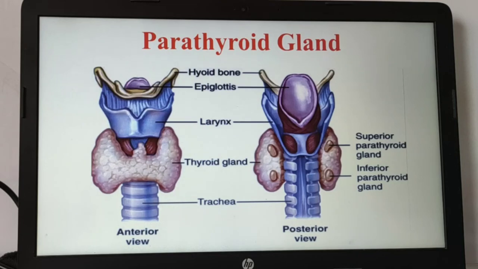That means if we have an accident, our bones get fractured. Or sometimes suddenly our bones start paining, or suddenly our bone gets fractured because of the absorption of calcium. That's why we always say that calcium is the most important factor for our bones.